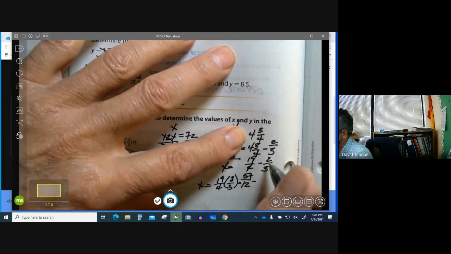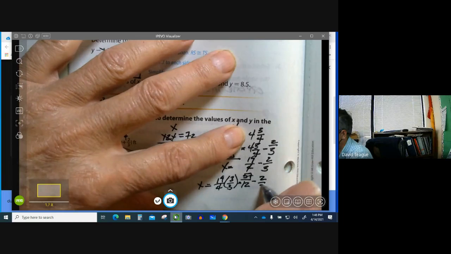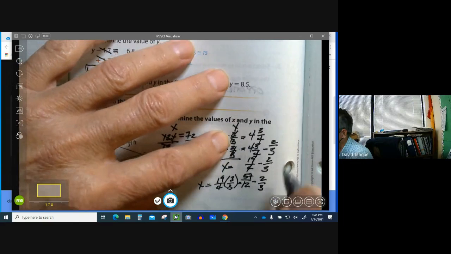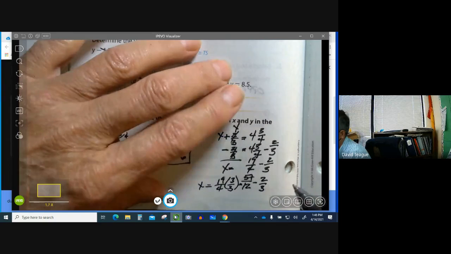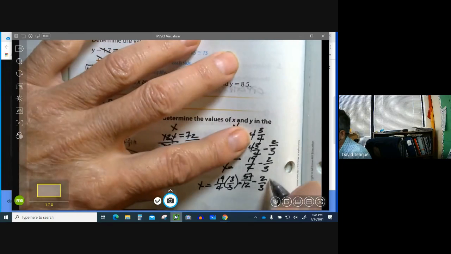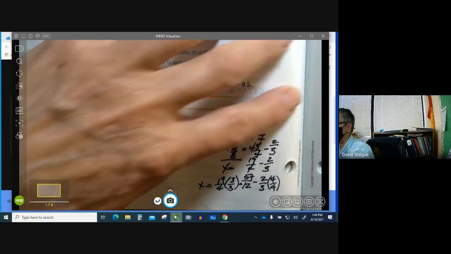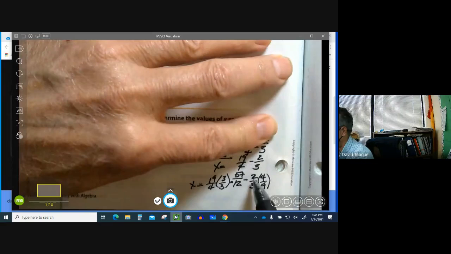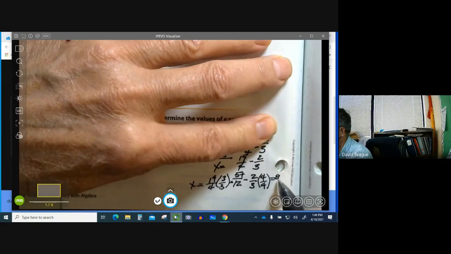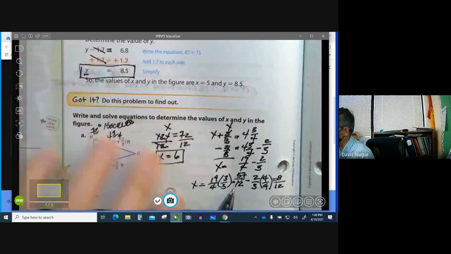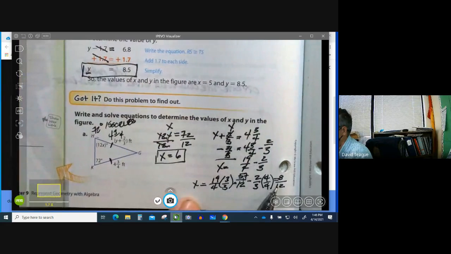Minus, now I have 2/3, but I need to get a denominator of 12 here. So I'm going to multiply this by 4/4, which is 1, to create another equivalent fraction. 4 times 2 is 8, and 4 times 3 is 12. So now I have 57/12 minus 8/12.